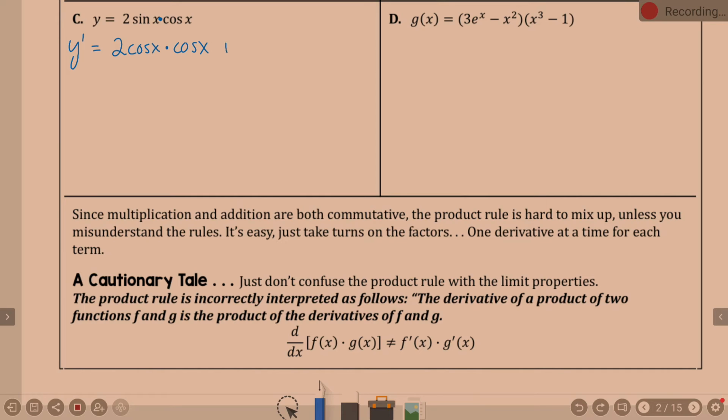Product rule says we add. And now, this time, I'm going to keep 2 sine x. What's the derivative of cosine x? Negative sine x. Clean it up, of course.